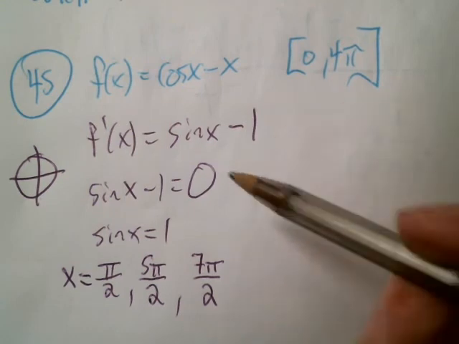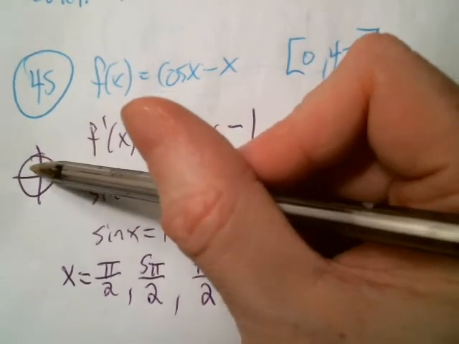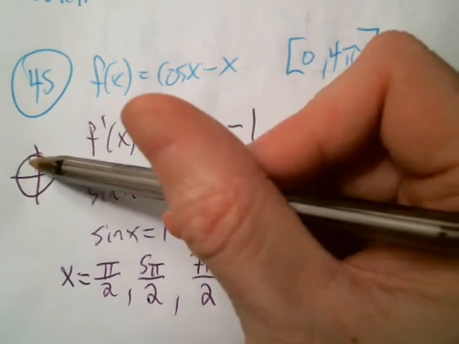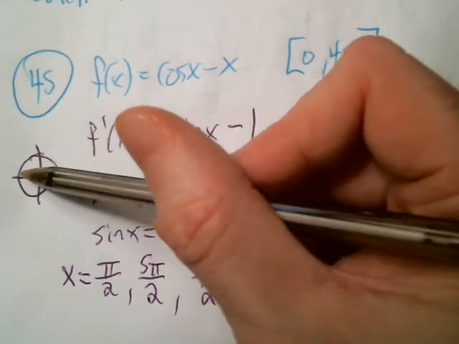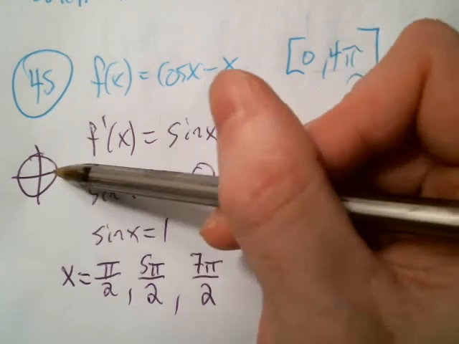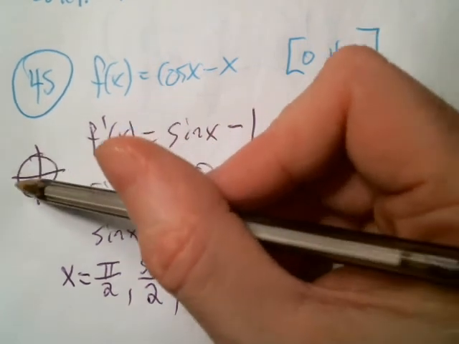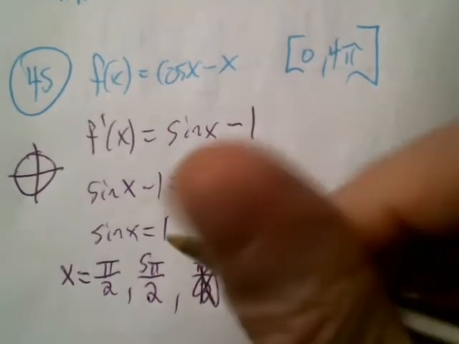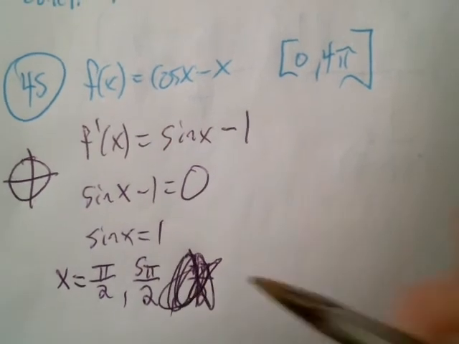So that's okay, let me make sure. Pi over 2, 3, 4, 5, yes. 6, 7, no. Okay, so it's just those two guys right there.